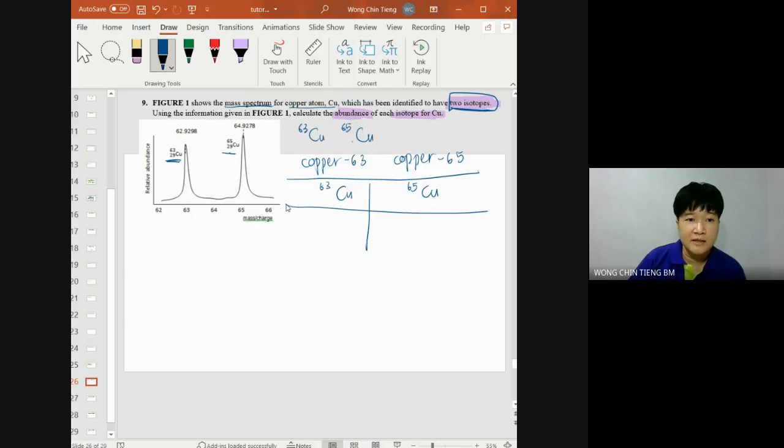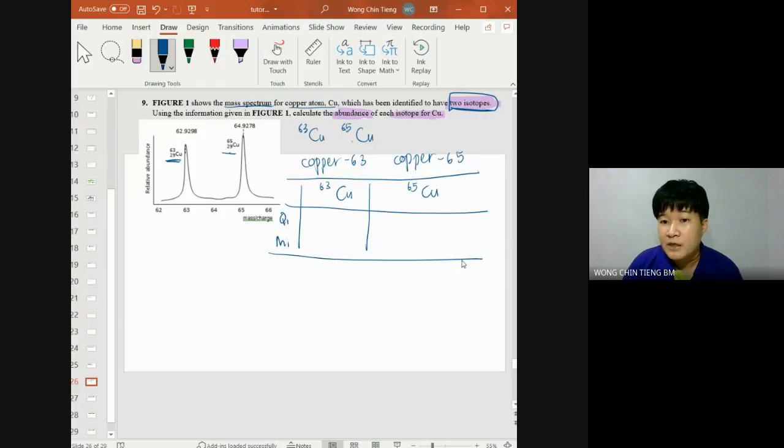So in this entire question, I think we need 2 things, which is your QI, which is your MI, right? Keluarkan data dulu. So QI is the one that we are looking for, okay? Question asking for abundance, we don't have the QI, so we are looking for the QI, tinggalkan kosong. MI is the isotopic mass of the copper 63, is given up here.